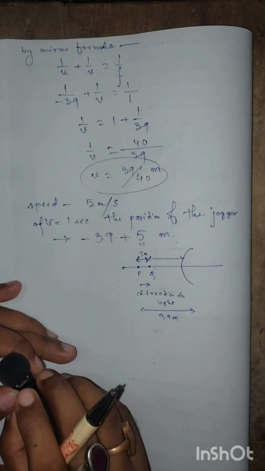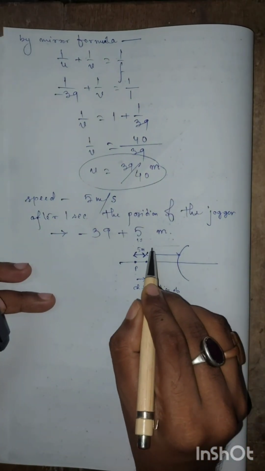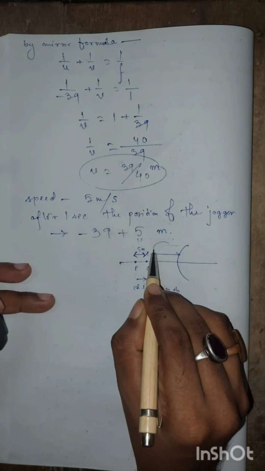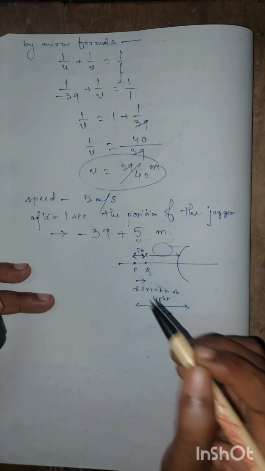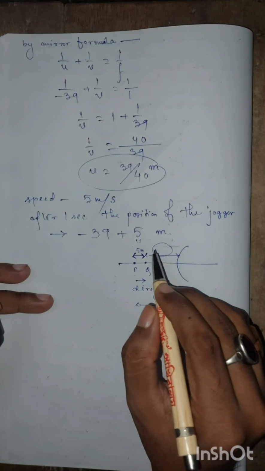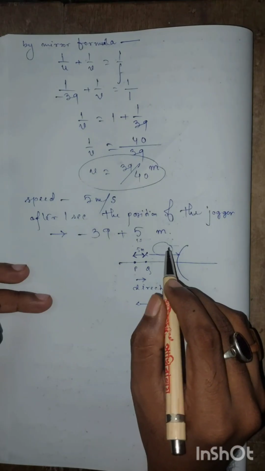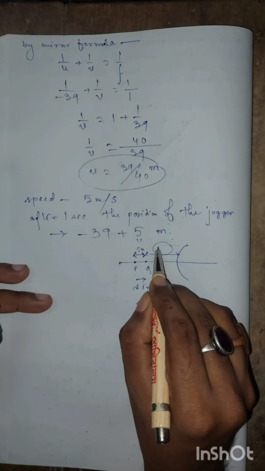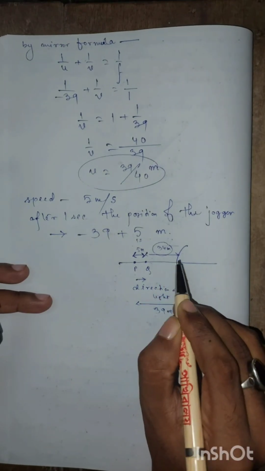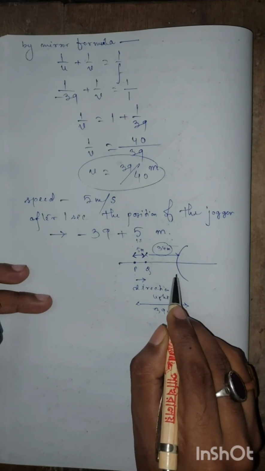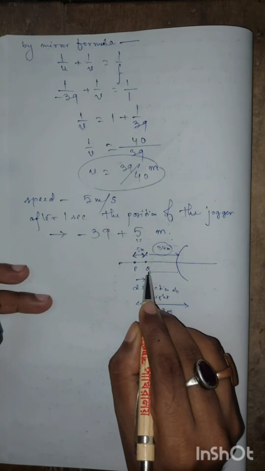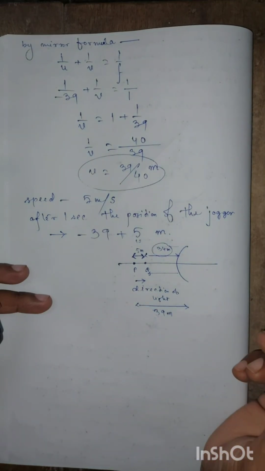So now this distance is 39 minus 5, that means 34 meter.